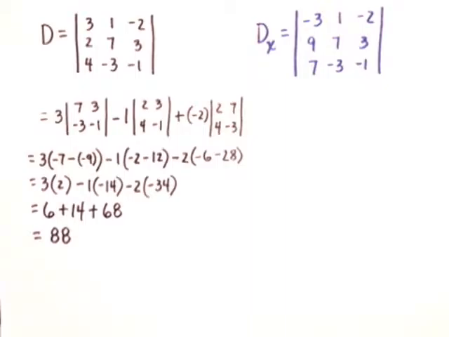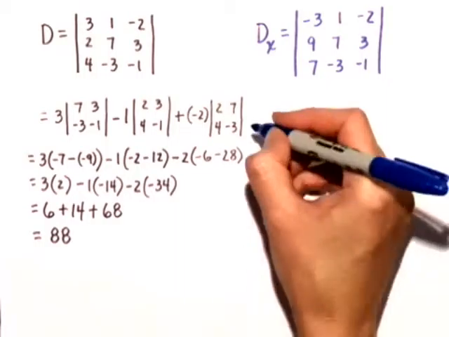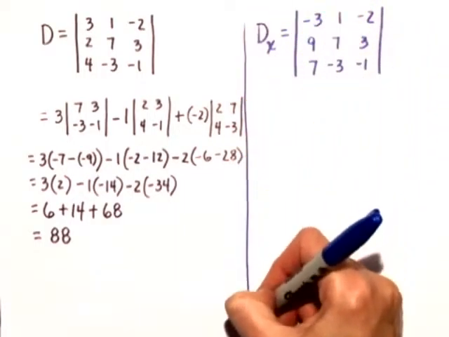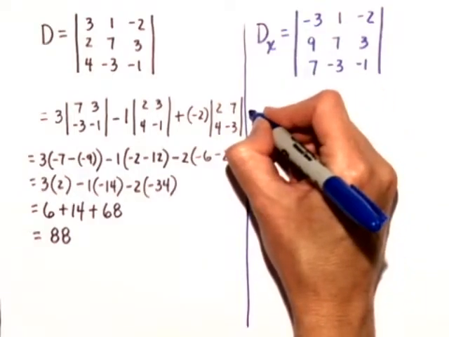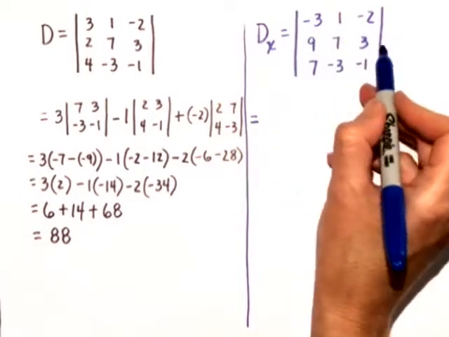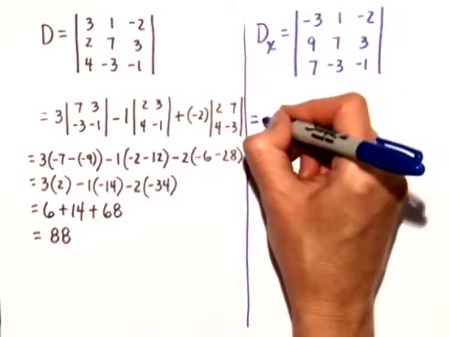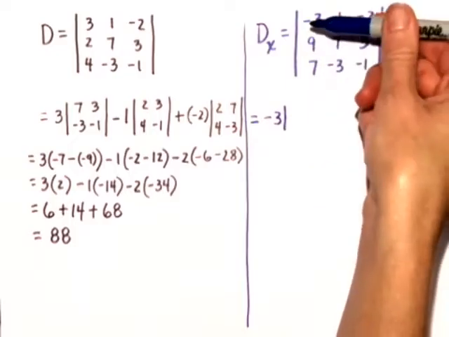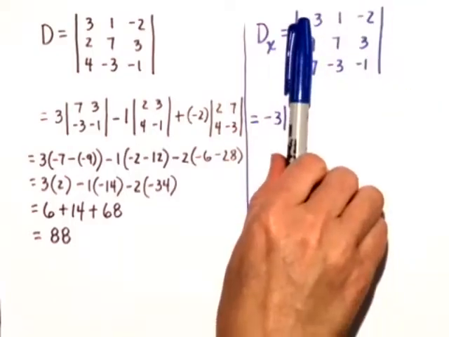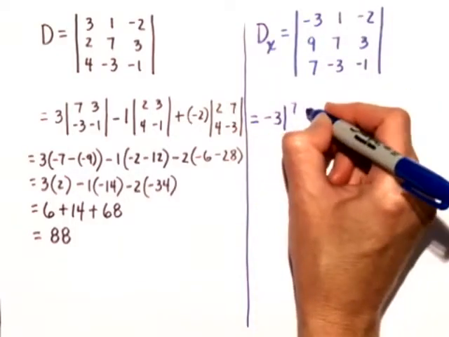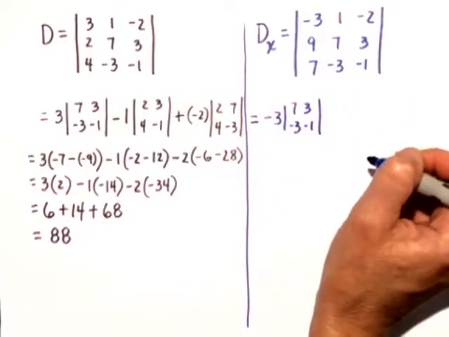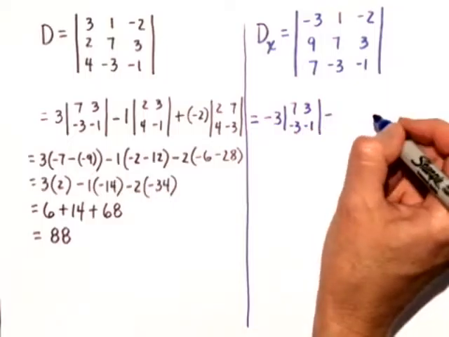Now we're ready to find d sub x. Let's put a line down here. When we find d sub x, we're going to again expand across the minors. We'll have our first element, negative 3 times the smaller determinant we get when we cross out that row and that column, which will have 7, 3, negative 3, negative 1. Minus sign comes next.